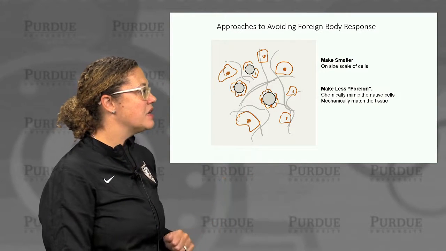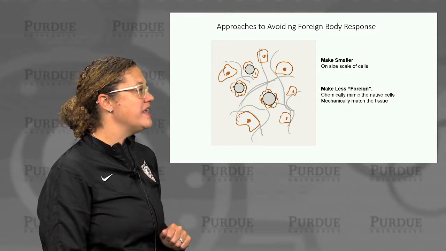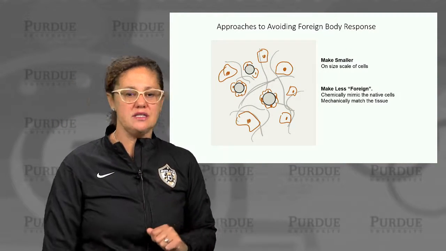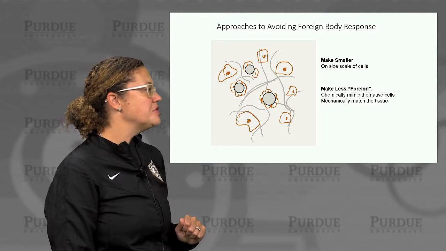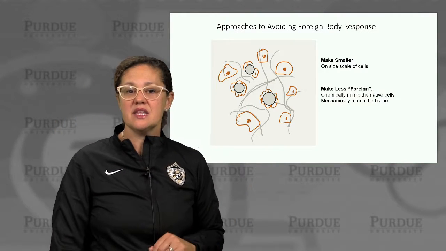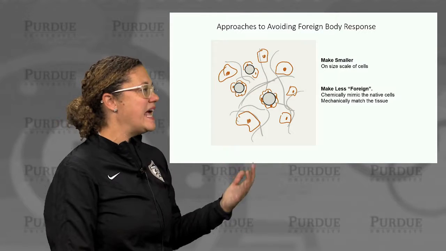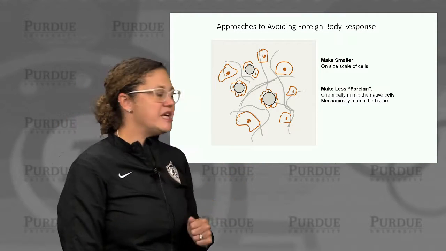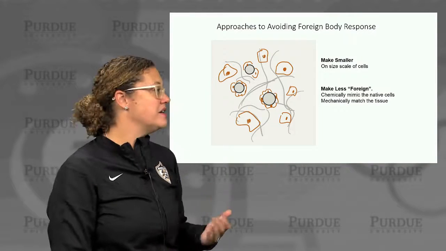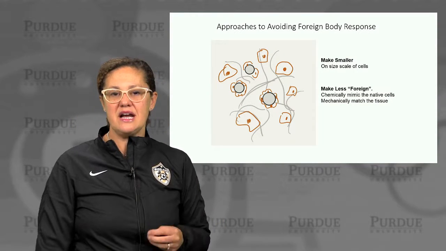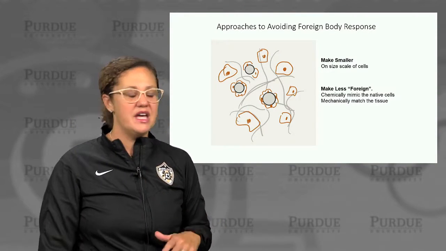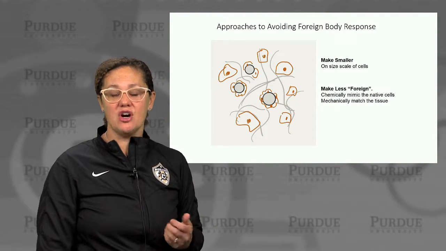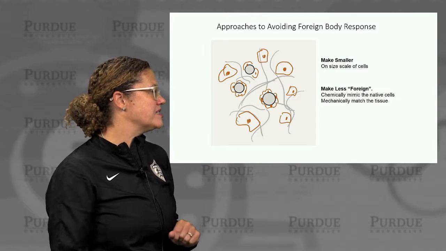That leads into our second approach, which is to make the devices themselves less foreign to the body. This has approaches of both chemically mimicking the native cells as well as mechanically matching the tissue, so that there's not chronic inflammation and the cells and the surrounding tissue see the interacting device more as self and don't attack it and wall it off via this scarring and fibrous encapsulation.